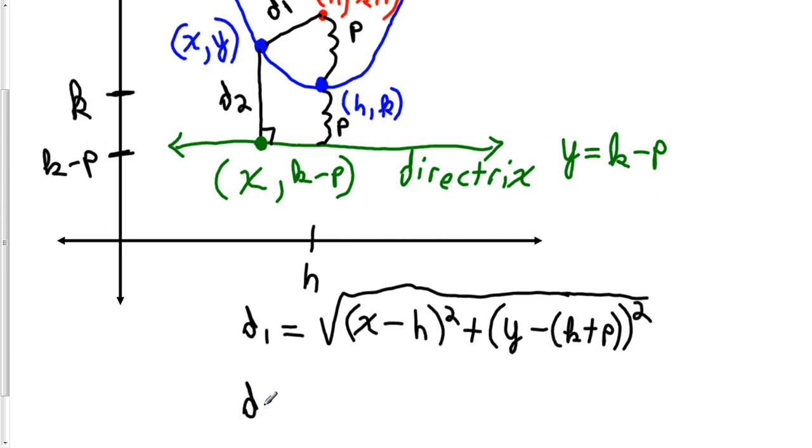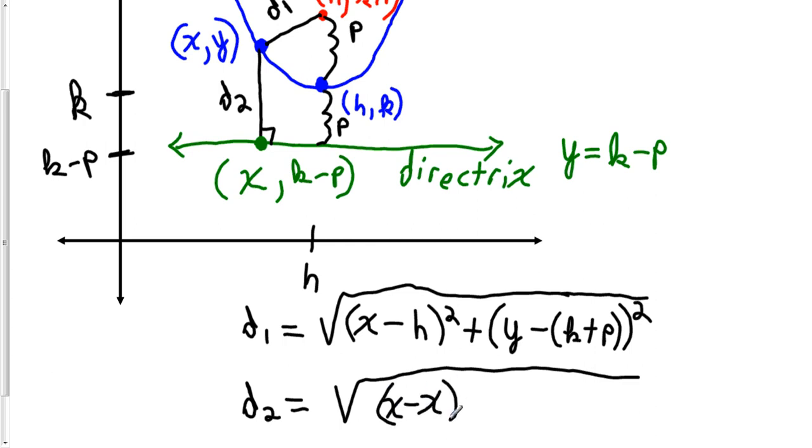The second distance is actually just going to be the difference between the two y values, because it's the square root of, well, the two x values are the same, so that's going to be x minus x squared, which is actually 0, plus y minus k minus p. So it's going to be y minus k minus p in parentheses like this, and this whole thing is going to be squared.